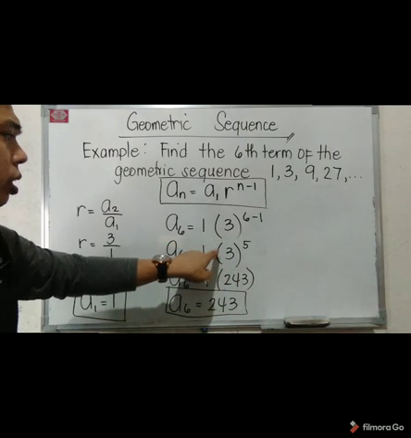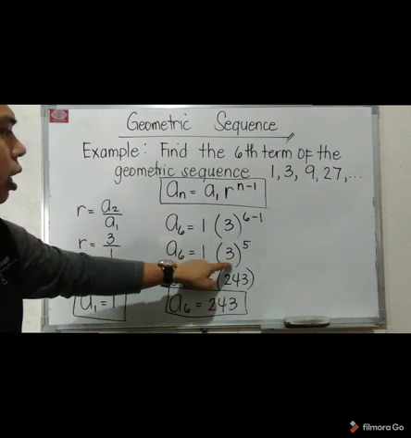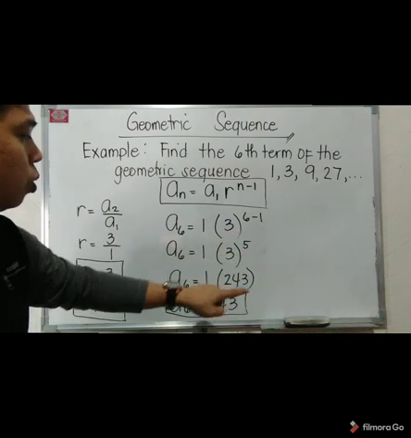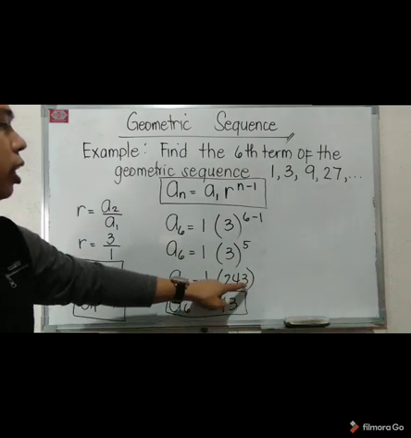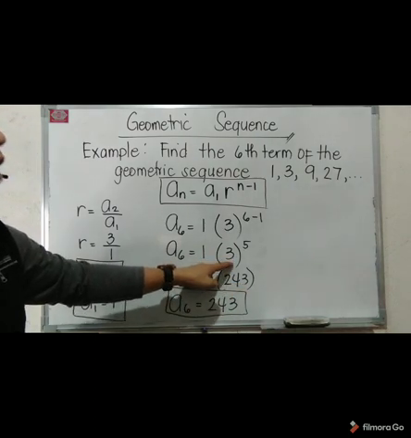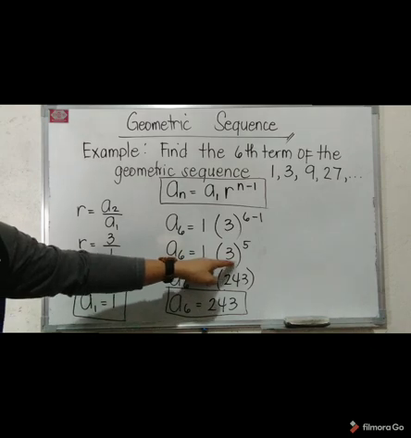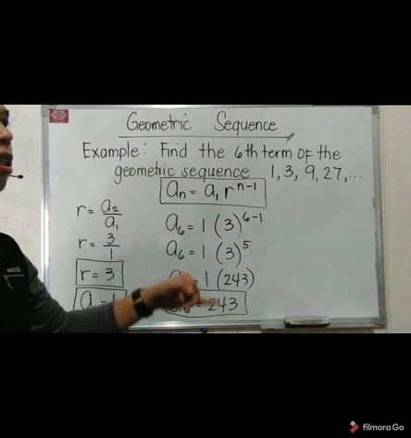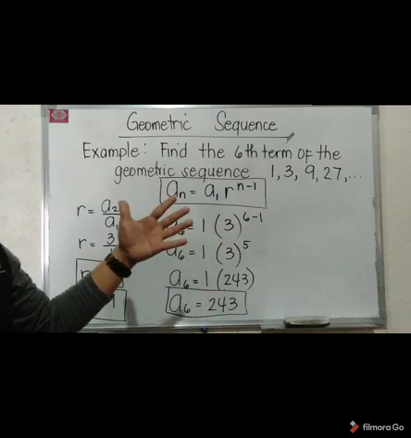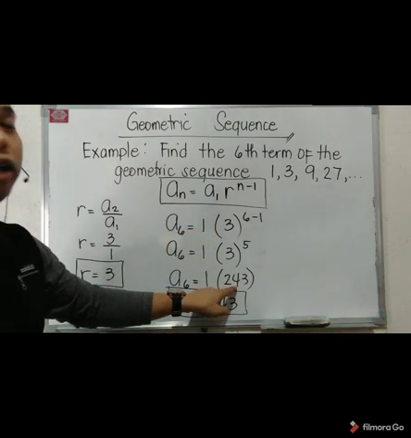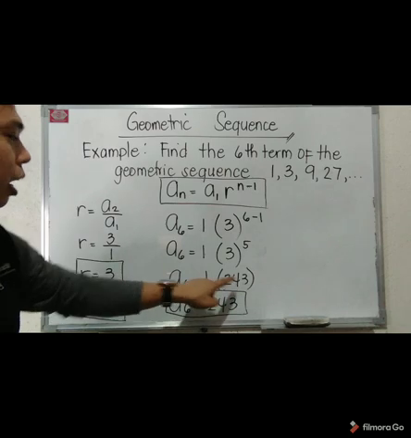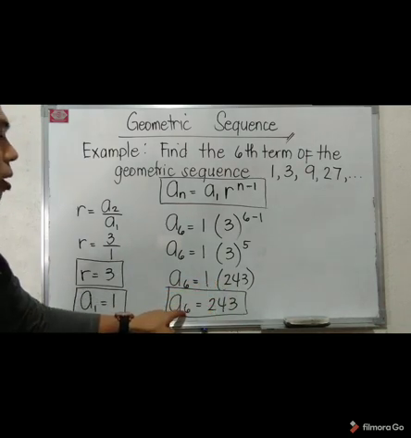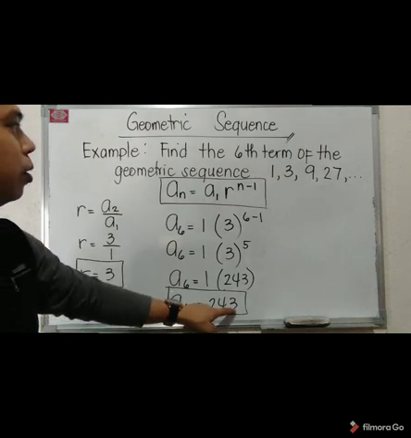So, pag kinumpit ba natin 3 raised to 5, it will be equal to 243. Kasi, yung 3, i-multiply natin ng 5 beses sa sarili niya. So, that is 3 times 3 times 3 times 3 times 3. And that is equal to 243 times 1. So, our a sub 6 is equal to 243.